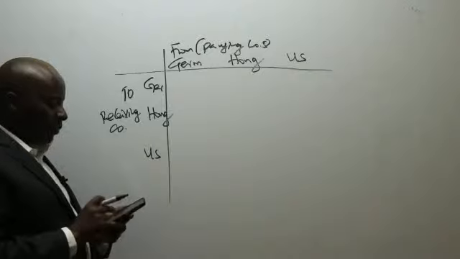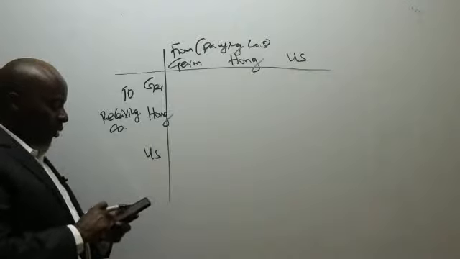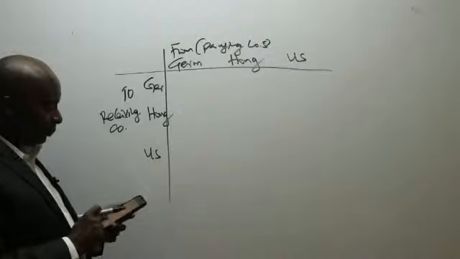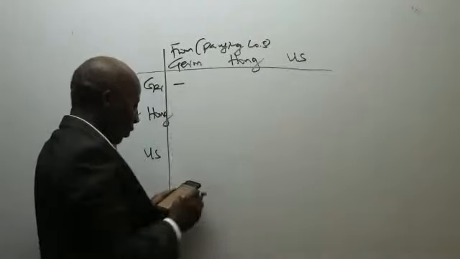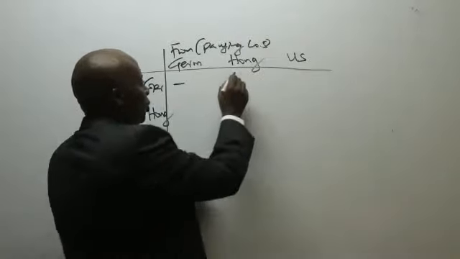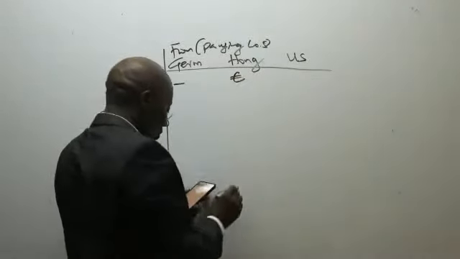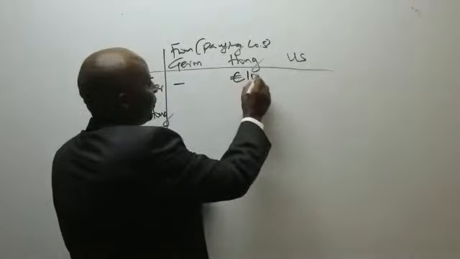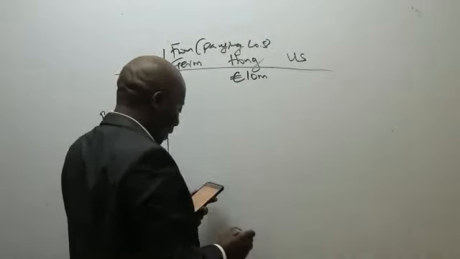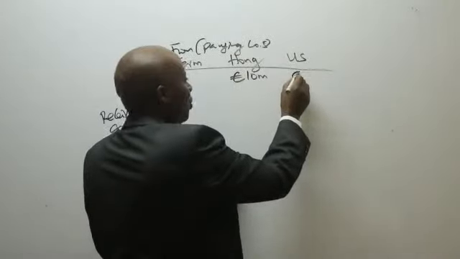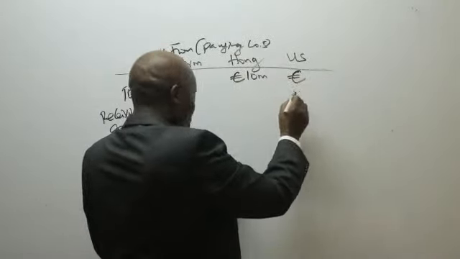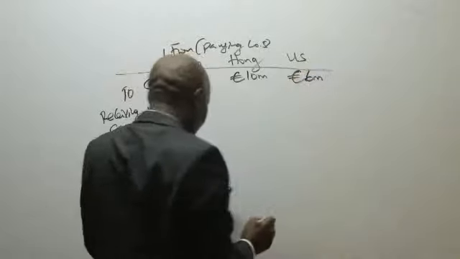Now, ladies and gentlemen, the moment I am with this, then automatically I am at home. So I can see the figures. The first figure there is a dash. The second figure is in euros, 10 million. The third figure is in euros again, 6 million.